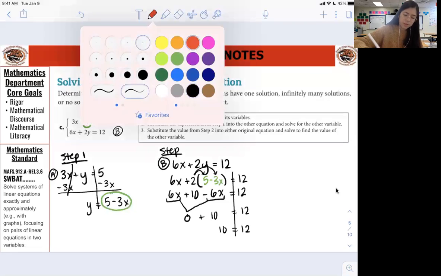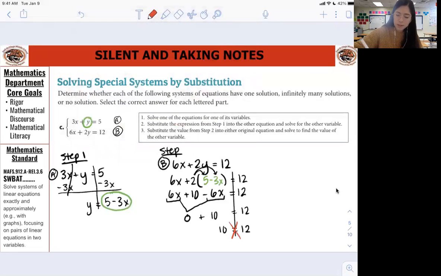No, it does not. This is no solution once more. Now, can somebody remind me, on a graph, what does no solution actually mean about those 2 lines? They're not crossing. So what is their relationship to each other? They're parallel. Parallel lines. Good job.